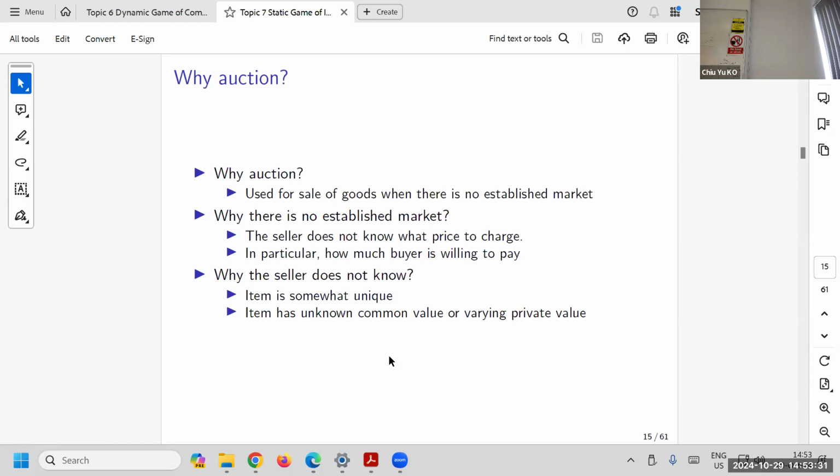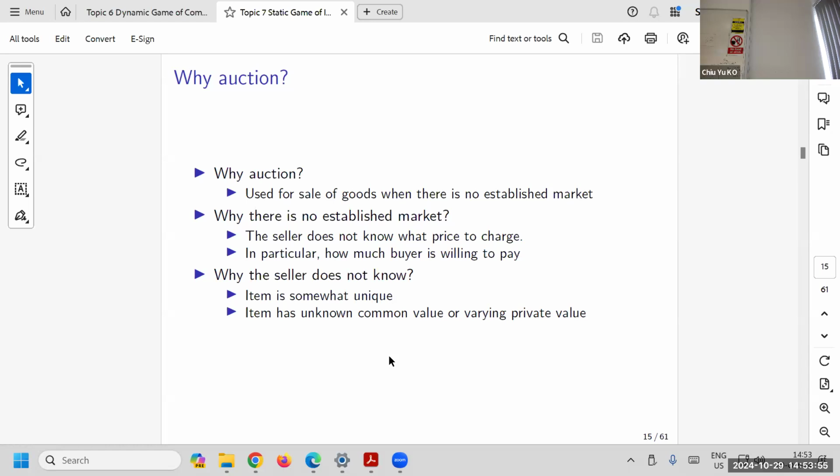Because it's common, homogeneous. But the problem is I don't know what to sell, right? Because I don't know how much people want to pay for it. Like antique, right? Something that is a rare item. I don't really know how much people want to pay for it. It's not commonly occurring, so it's not clear what to do. Like the seafood, right? In Japan, there's a very famous seafood auction market.